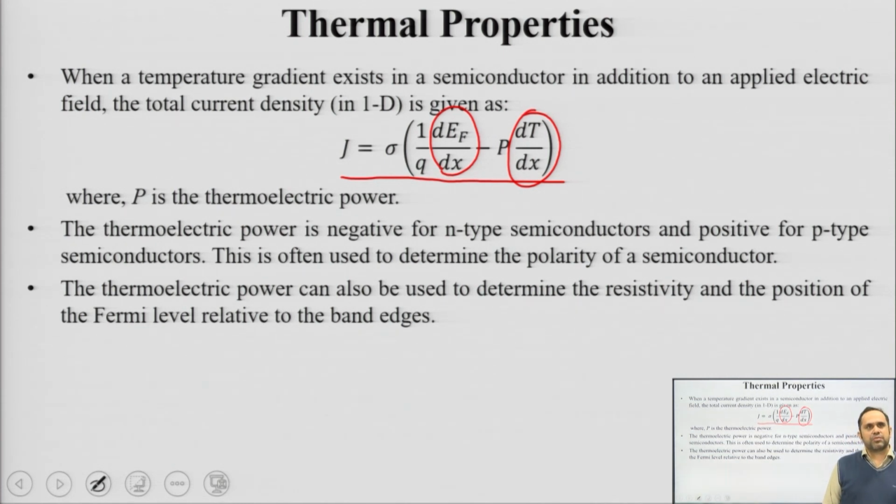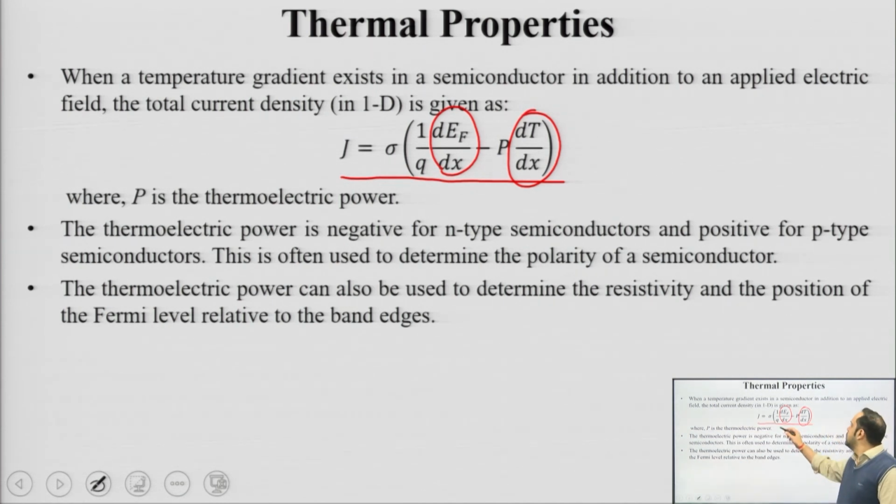The thermoelectric power is negative for n type semiconductors and it is positive for p type semiconductors. So, once you determine the value of J, you can identify the sign of P. This sign of P basically tells you the polarity of the semiconductor. So, you can identify whether an unknown semiconductor is n type or p type by seeing the sign of the thermoelectric power P. It can also be used to determine resistivity.